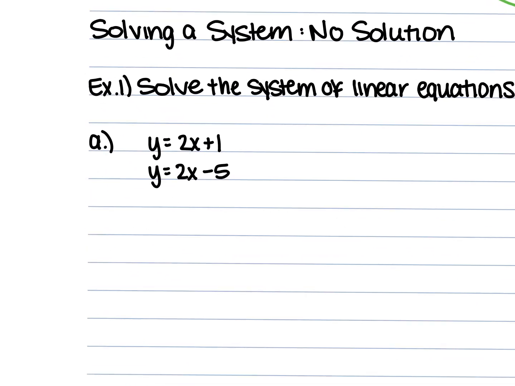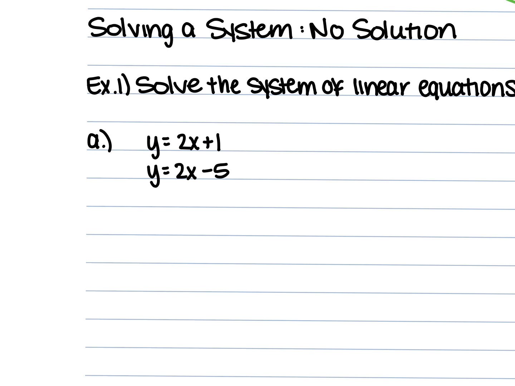So take a look at the first one. What do you think about this set of equations? What do you guys notice? Yeah, AJ? They have the same slope. How do you know that they have the same slope? Yeah, they both have a 2x. But what form is it in so we know what the slope is?